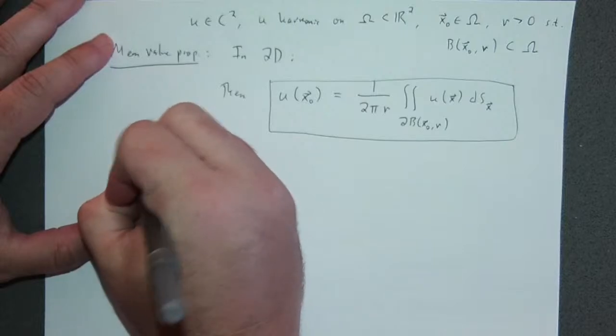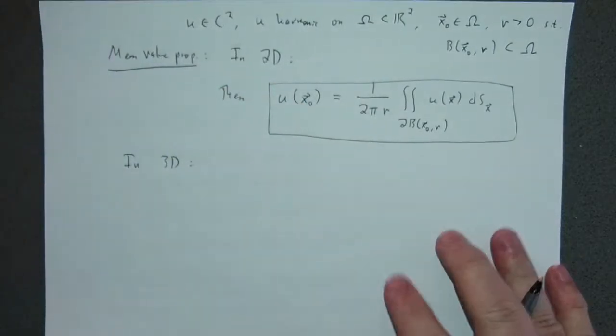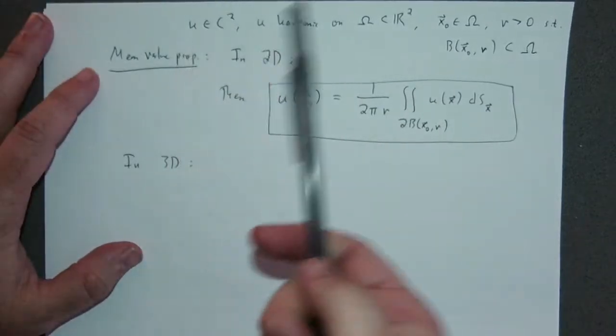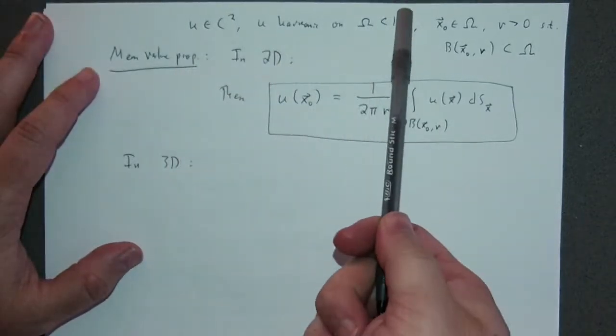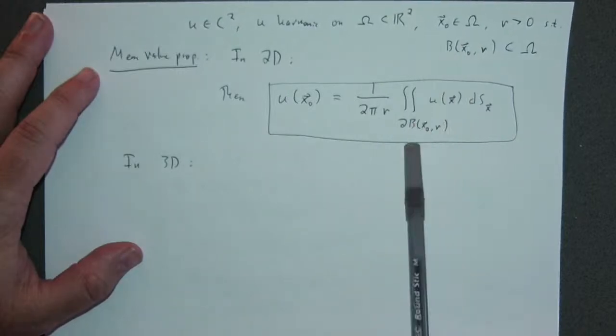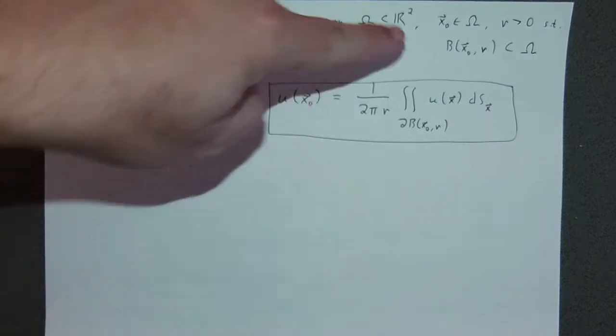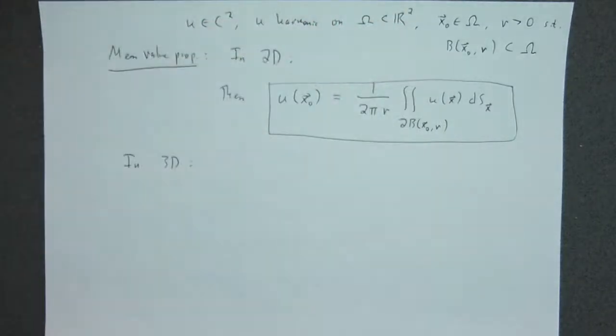So in 3D, how does this work? I'm not going to rewrite all of this. It's still C2 harmonic on some region now in R3. And now the ball in question is the three-dimensional ball. Here, this is the two-dimensional ball. I'm not going to introduce an N in the notation for the ball. It's just context specific. The ball has the dimension it needs to for what we're talking about.